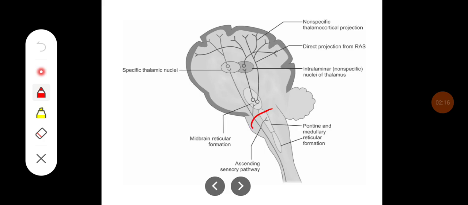So these are the pontine and these are the medullary reticular formation, and this is the midbrain reticular formation. They receive information from the different parts of the body, and they project these sensations to the thalamus by non-specific or specific pathways.